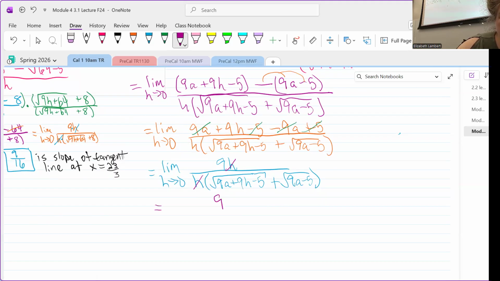So we have 9 on top. Then that'll be the square root of 9a plus 9 times 0 minus 5, plus the square root of 9a minus 5. So what was 9h becomes a 0, so it's just 9a minus 5. That's square root twice.